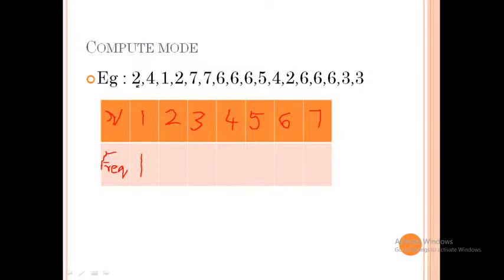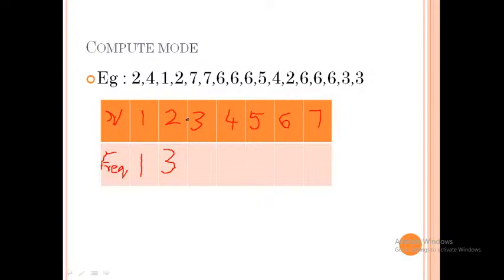Next you go for the next variable, that is variable 2. Let's see the frequency of variable 2. It is 1, 2, 3. Three times it's repeated, so the frequency of variable 2 is 3 here.